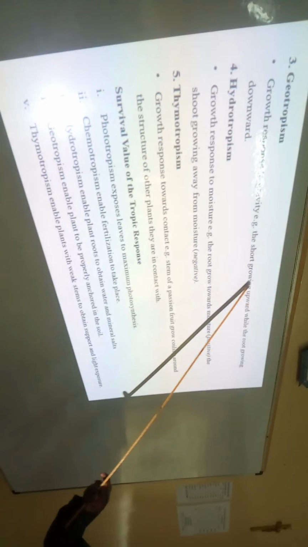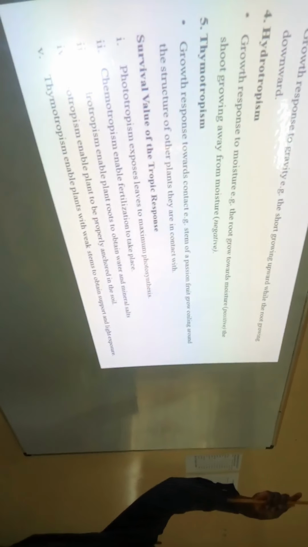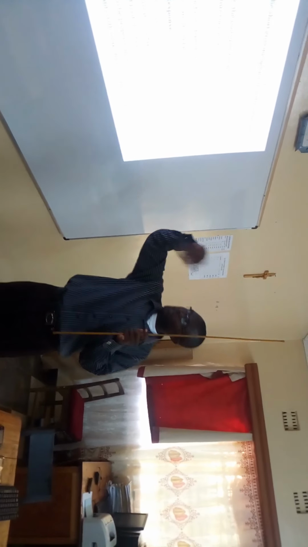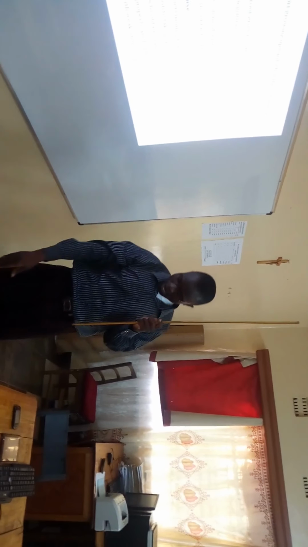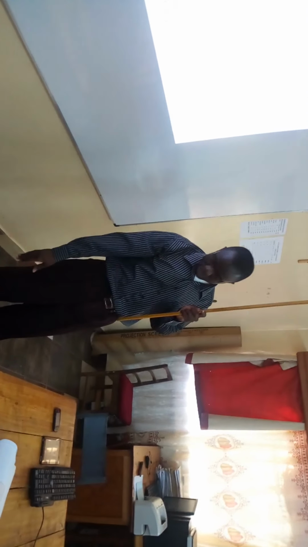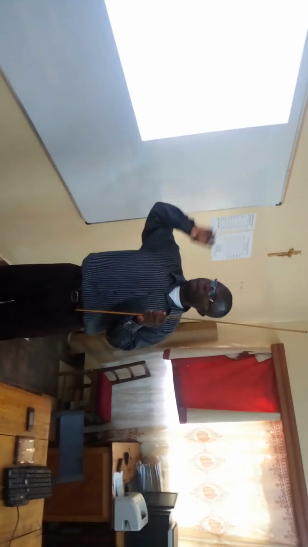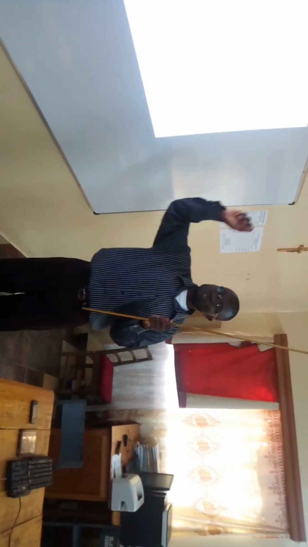The shoot of the plant is growing upward because the shoot is moving away from gravity. That one we call negative geotropism. The shoot is showing negative geotropism. The root growing downward in soil is exhibiting positive geotropism.